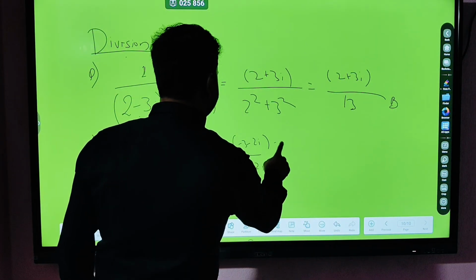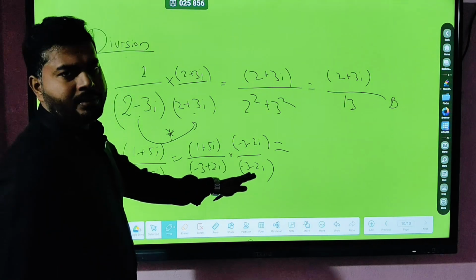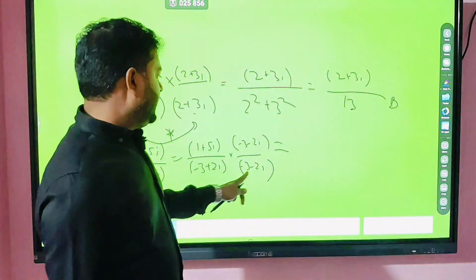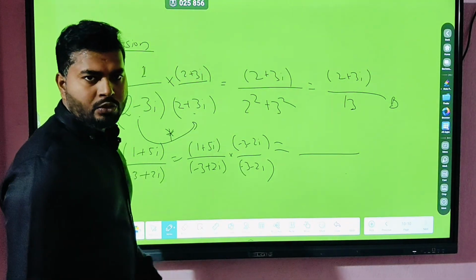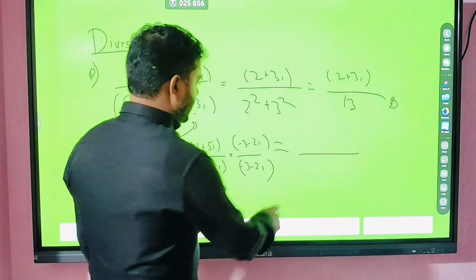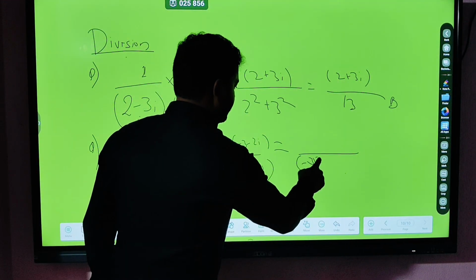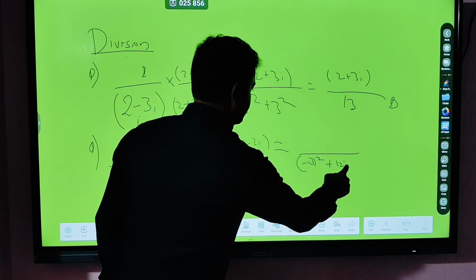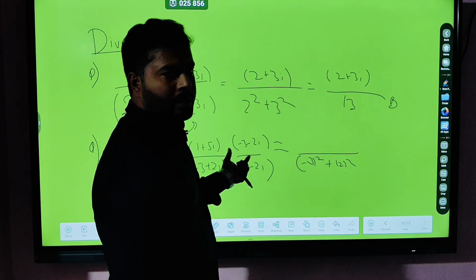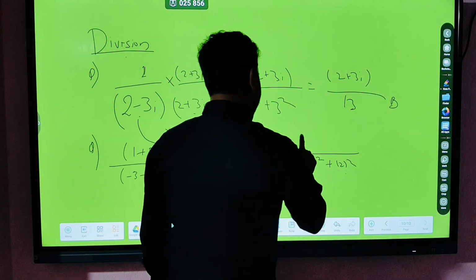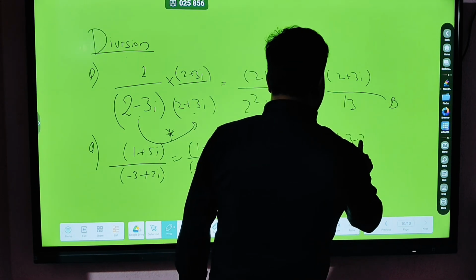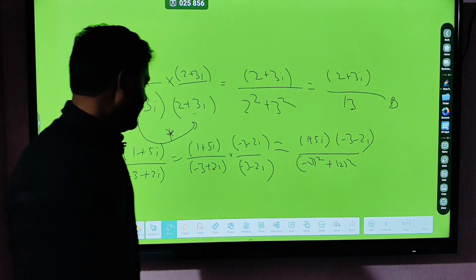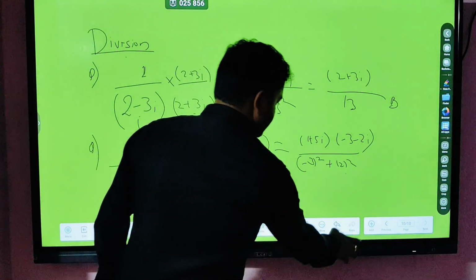We're going to multiply and divide by the same number, right? Then in the denominator again we have z into z conjugate, which is a square plus b square. So without solving, I can write minus 3 square plus 2 square. And for the numerator we're going to apply distributive law. So it will be 1 plus 5 iota into minus 3 minus 2 iota. Okay, so we'll continue this on the next page.